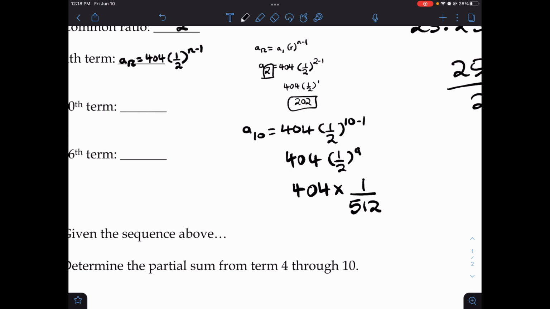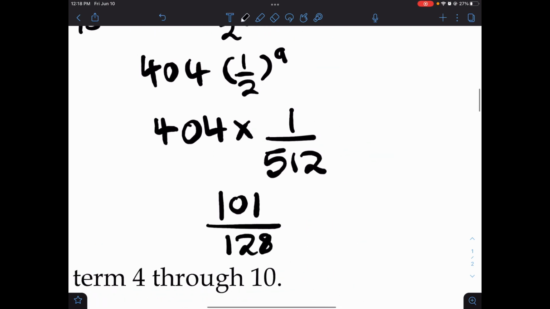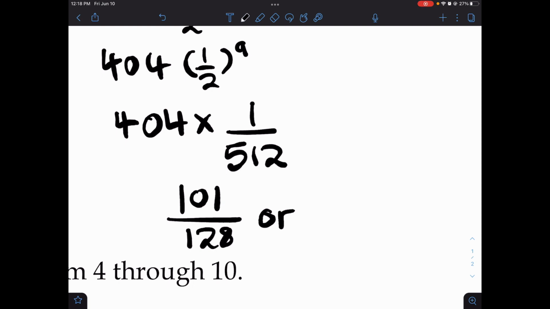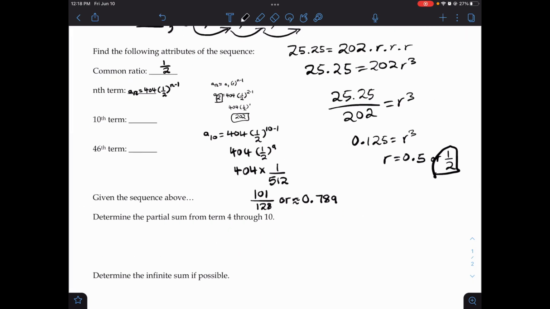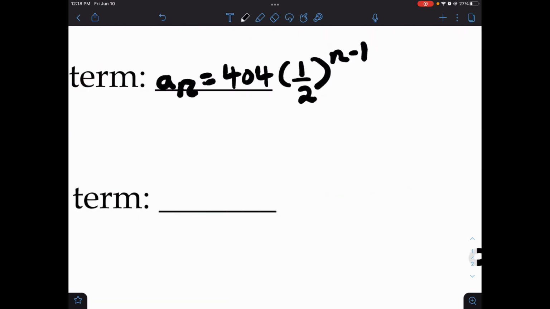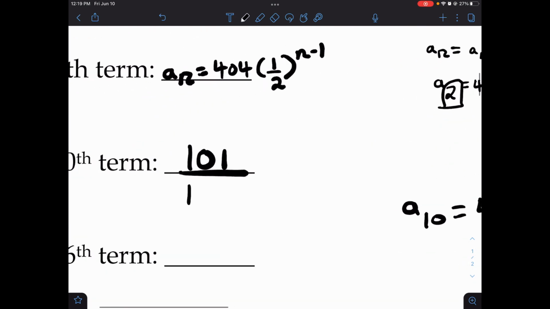So our answer is 101 over 128 as a fraction, or we can put 0.789, and this is approximated. So let me just put the exact answer instead of this. So 101 over 128.